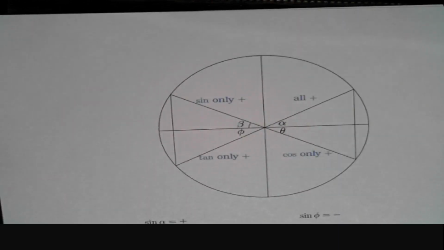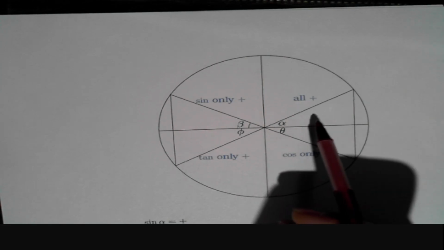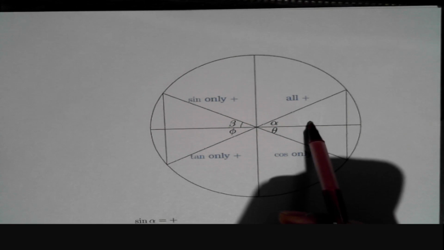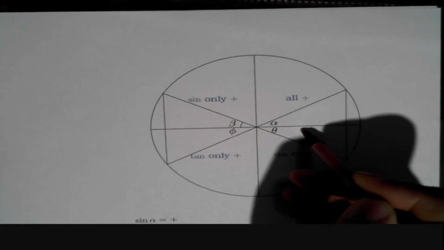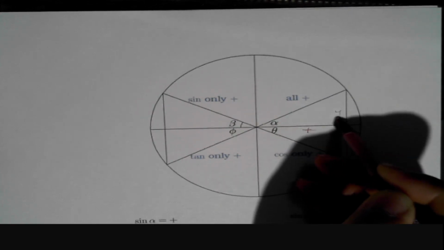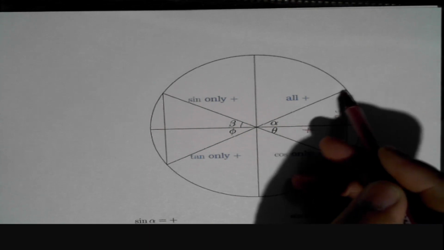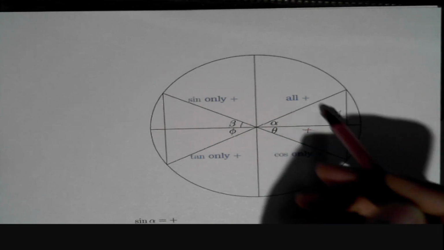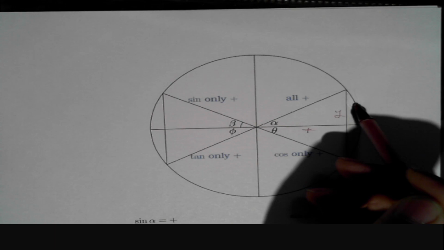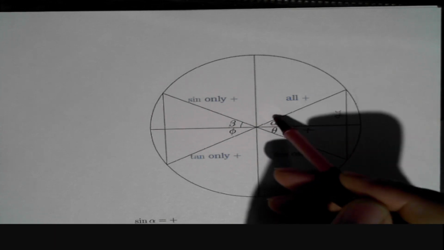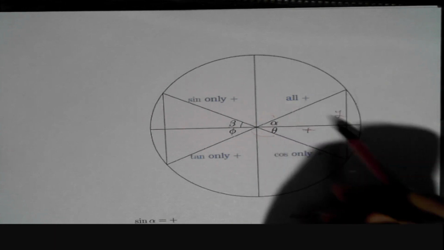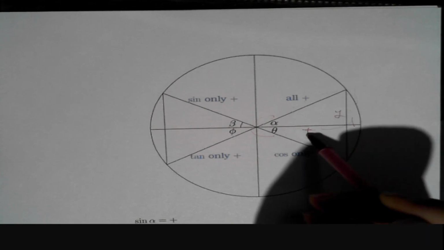Now you can see in the first quadrant, x value positive, y value positive, and hypotenuse positive. So sine is positive, cosine is positive, tangent is positive.